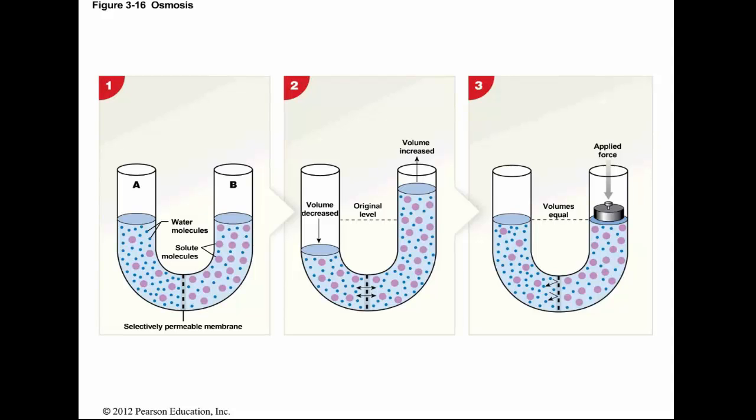If we look at number 3, what can happen is if we apply a force or a weight in this diagram, we can actually force or control the amount of water that can move through. This is important when we look at the extracellular fluid, the intracellular fluid, and the intravascular fluid. So the fluid within the blood vessels, the fluid outside of the blood vessels but not in the cells, and the fluid inside the cells.